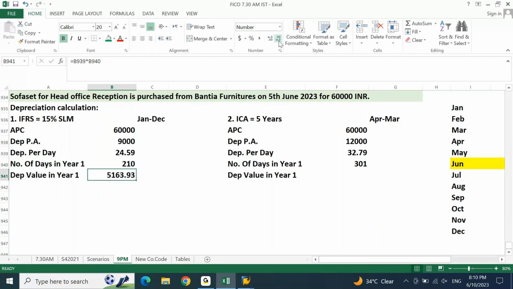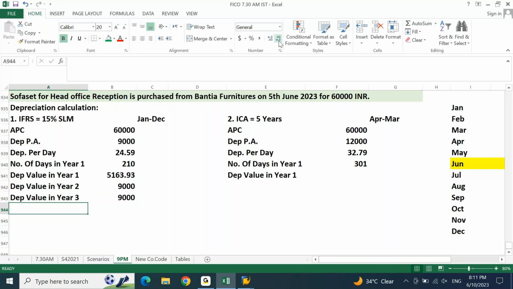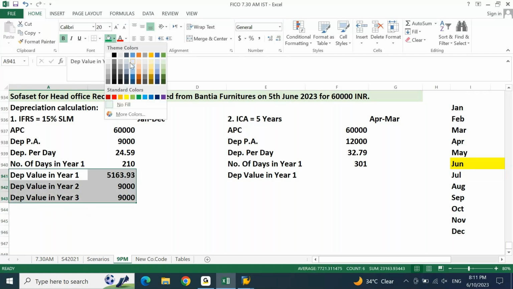Right, first year depreciation will be this, and depreciation value in year 2 will be 9,000. Clear? And year 3 will be 9,000. These three figures clear, understood? Are these three clear? Year 1, 2, 3.